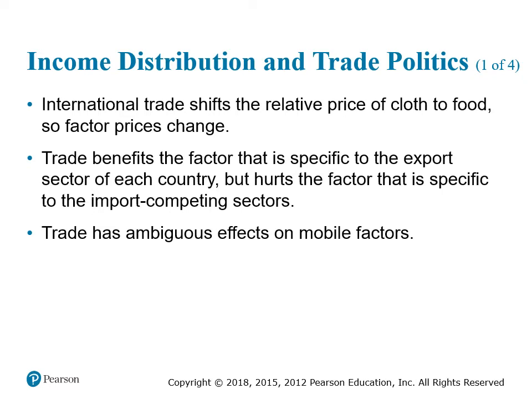Now we will make some general conclusions about all the analysis that we have done so far. The first point is that international trade shifts the relative price of cloth to food, so factor prices change.